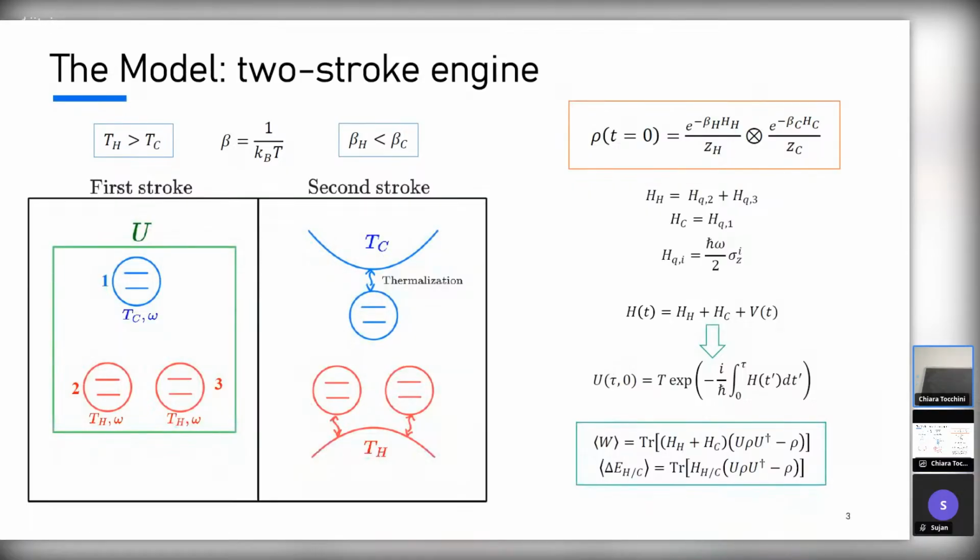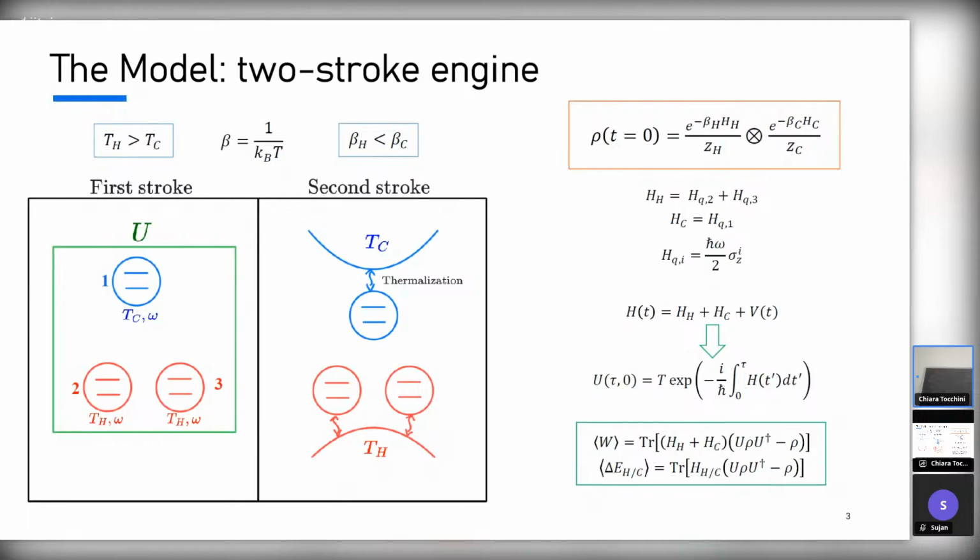So the model is really simple. We have a bipartite system that is made up of a cold subsystem and a hot subsystem. The cold subsystem is 1 qubit at temperature T cold, and the hot subsystem is made up of 2 qubits, 2 and 3, at temperature T hot.